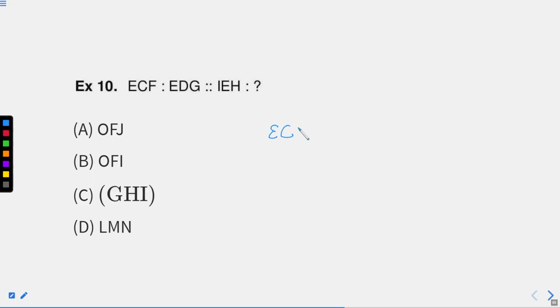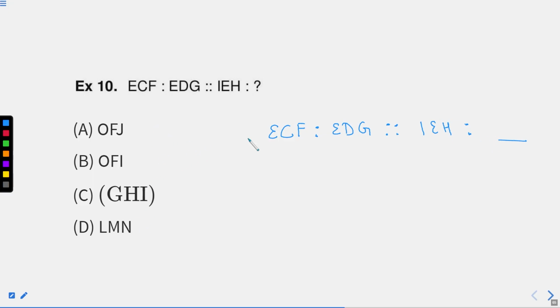ECF ratio EDG, semicolon, double colon, IEH, semicolon. What are we going to get? What you can see here is that every time we are getting E, C, then E, D, and then E, H. In a similar manner, what are we going to get here as well?